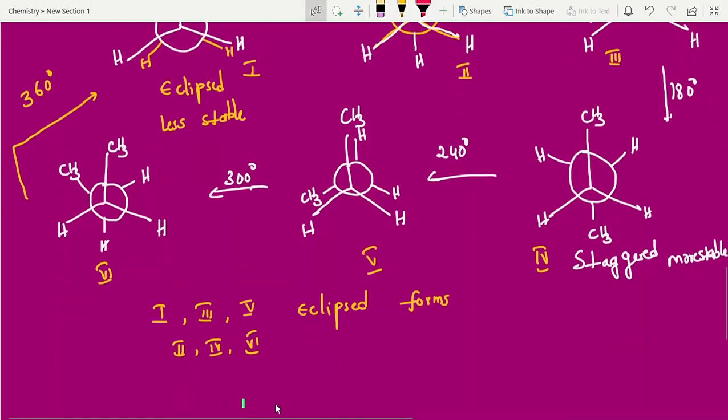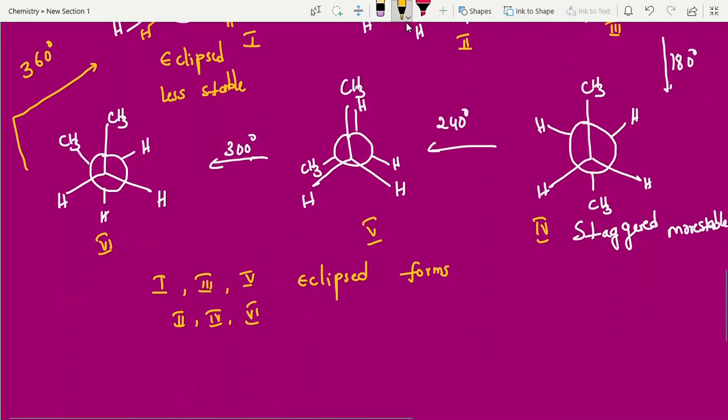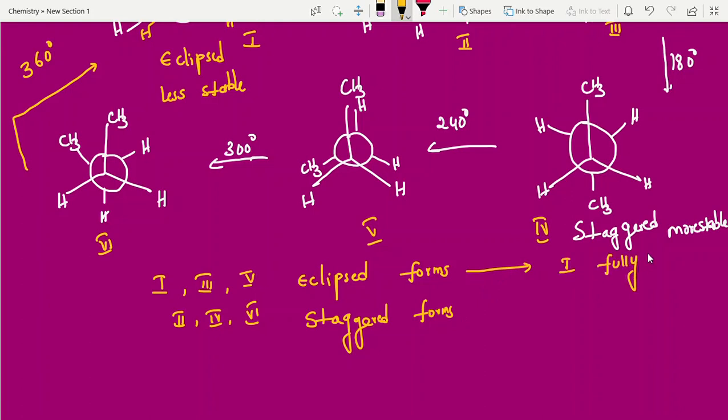In that again types are there, fully eclipsed and fully staggered, like that. We'll write this, we call it staggered forms. Okay, and write one more point. First one is fully eclipsed. Next, here one more point.